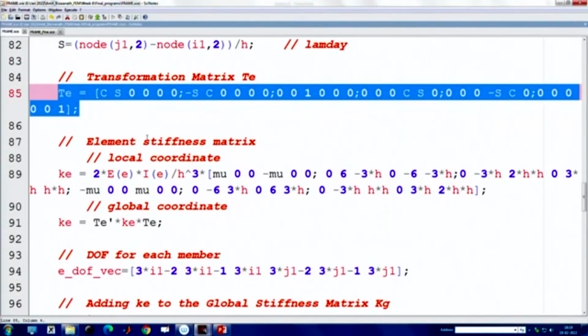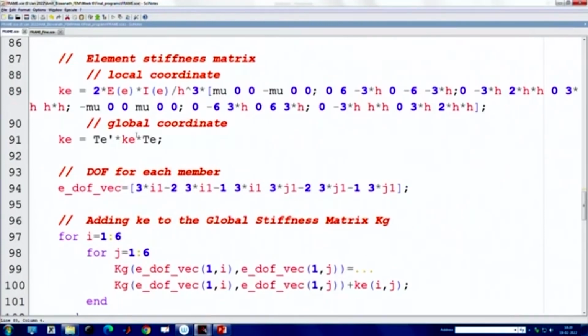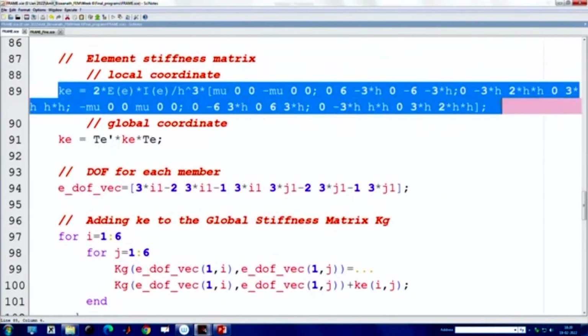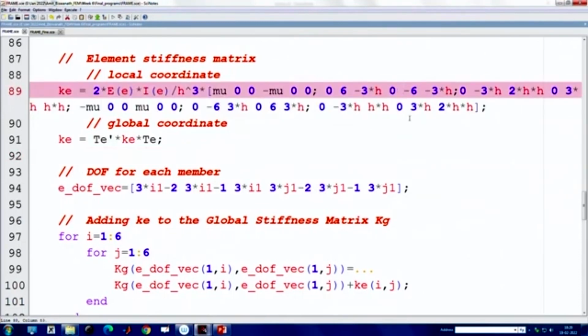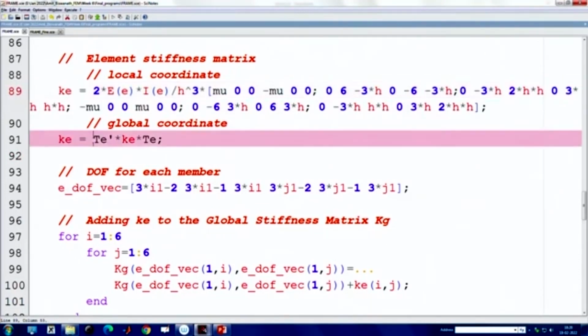Once we have the transformation matrix, this Ke is the element stiffness matrix written with respect to the element coordinate system, and then we have to find the global element stiffness matrix with respect to the global coordinate system like this.